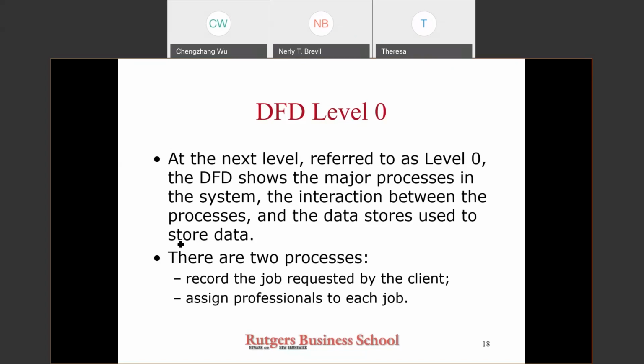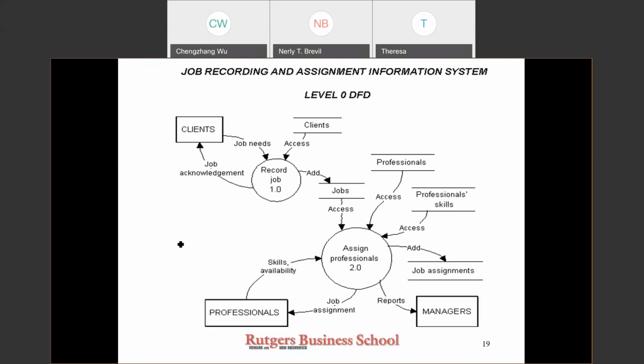The reason why it is called level 0 is the processes shown in this level are labeled 1.0 and 2.0 and so on.